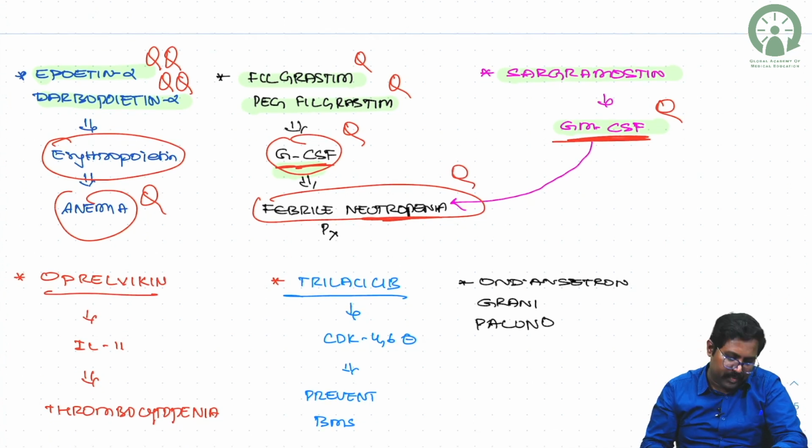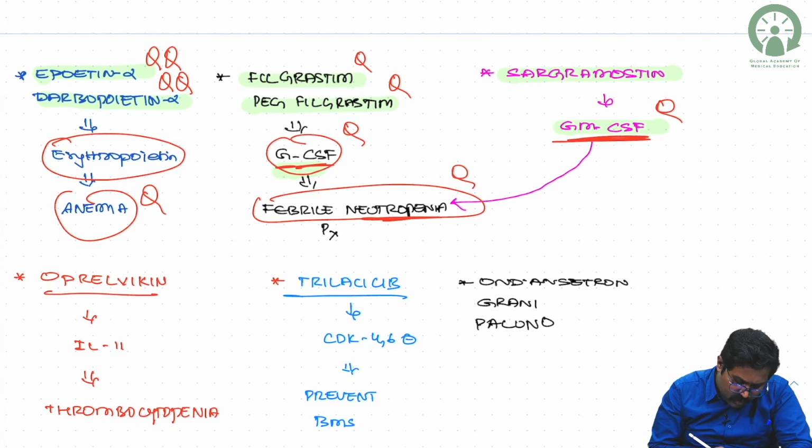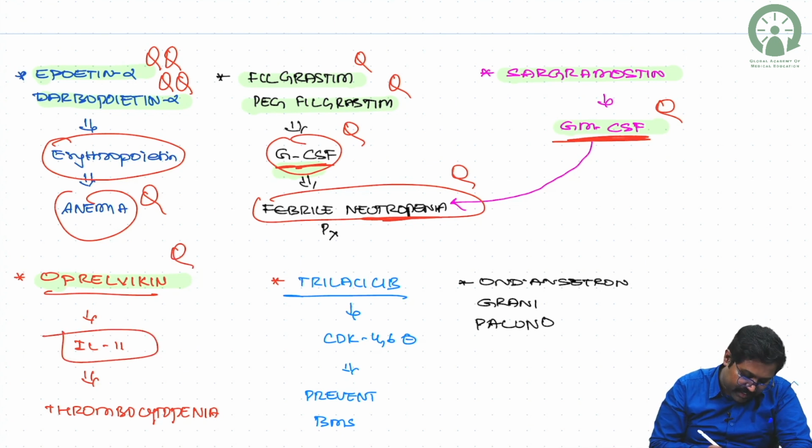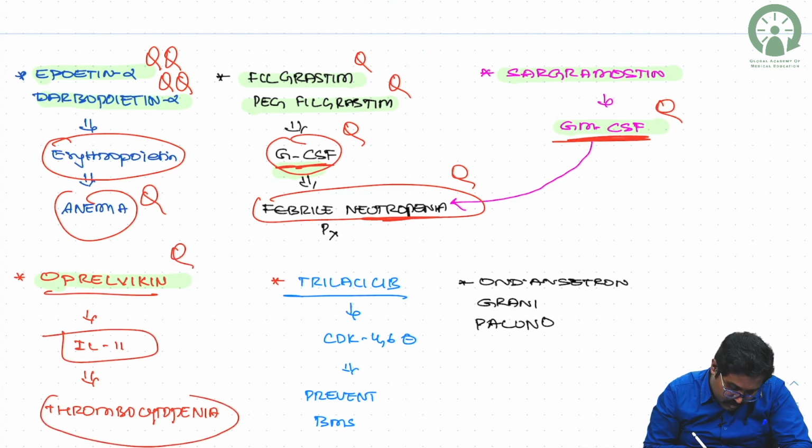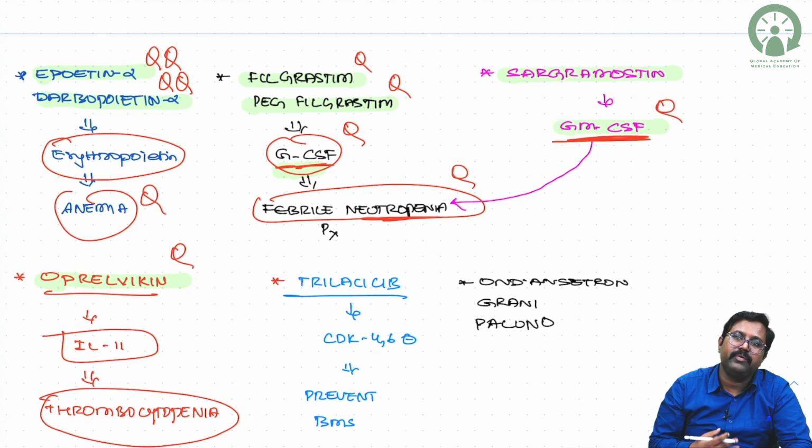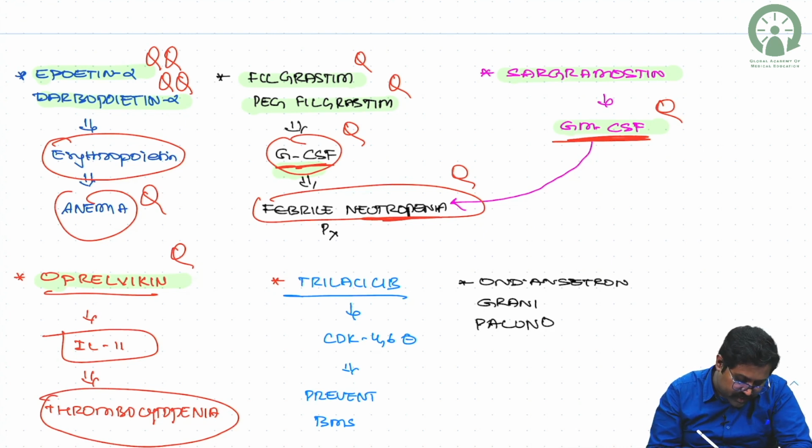Then we have oprelvekin. Again, this is very important. Oprelvekin is interleukin 11. It is used in the treatment of thrombocytopenia. To increase the platelet count, we will use oprelvekin, which is interleukin 11. Please remember, it is interleukin 11 used in the treatment of thrombocytopenia.